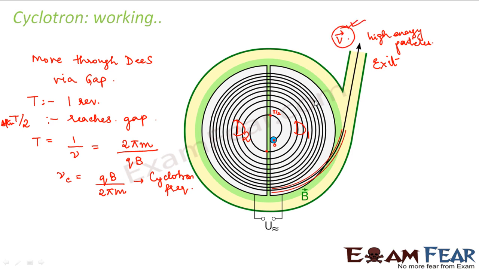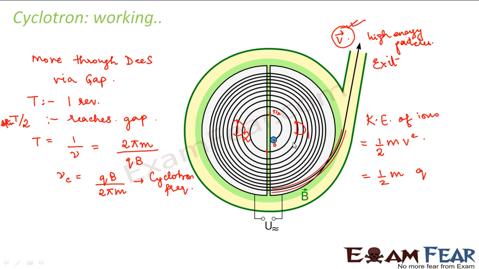Now how do you evaluate this velocity v with which they go out? Let us suppose the velocity is v. What would be the kinetic energy of the ions when they go out? The kinetic energy will be equal to half mv square. Now what is this v? This v is nothing but the velocity of a charged particle in a magnetic field, which we calculated while studying the helical path.